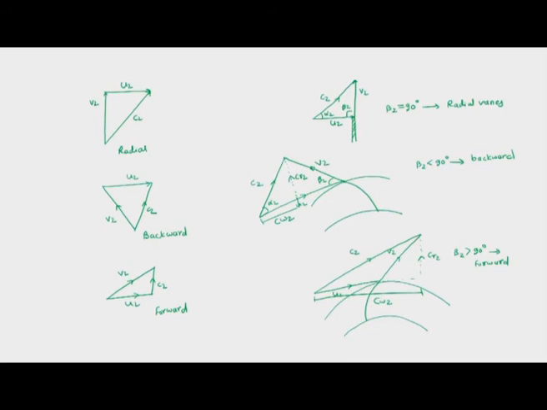So there would be a problem of surging, and a problem of the flow dynamics inside the compressor. So generally blades with beta 2 greater than 90 are not preferred; beta less than 90 or beta equal to 90 are preferred.